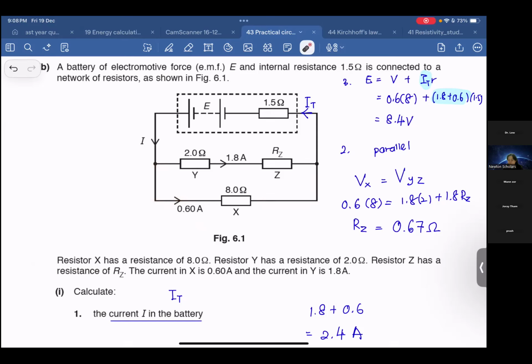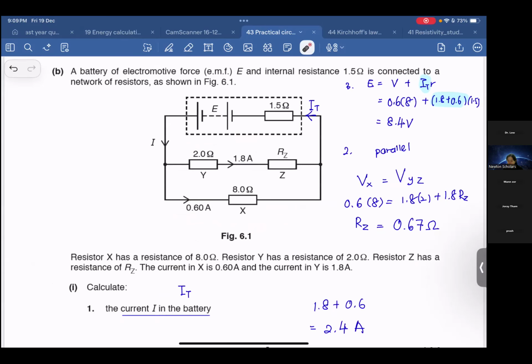Here 0.6 times 8 is 4.8. For here is 4.8, then for this path also 4.8. So overall, the external circuit voltage should be 4.8. You don't need to add it up. Voltage in parallel cannot be added up. Okay, is that clear for this part? Yes or no? Hai Chen okay? Fatima okay?